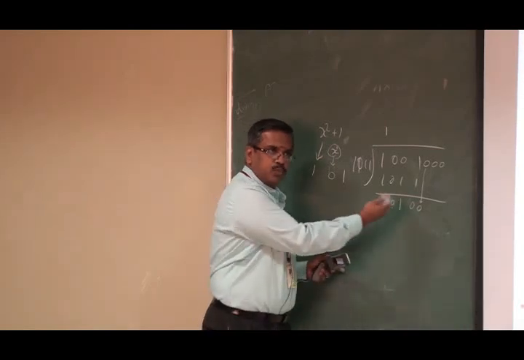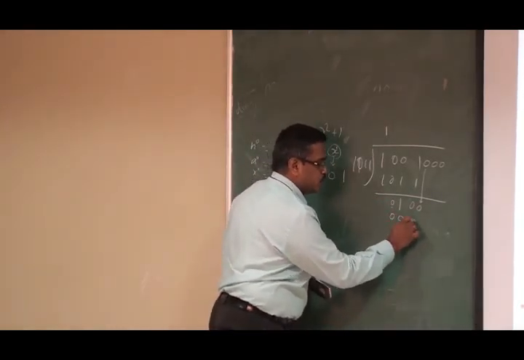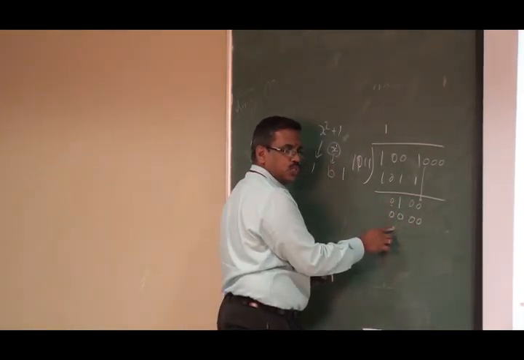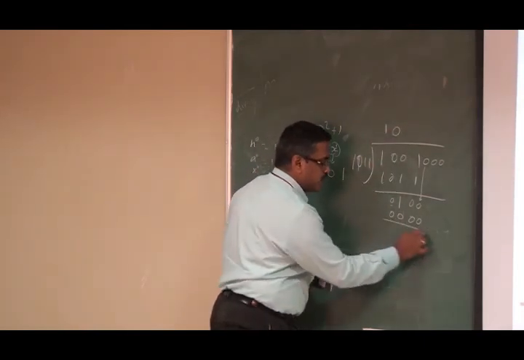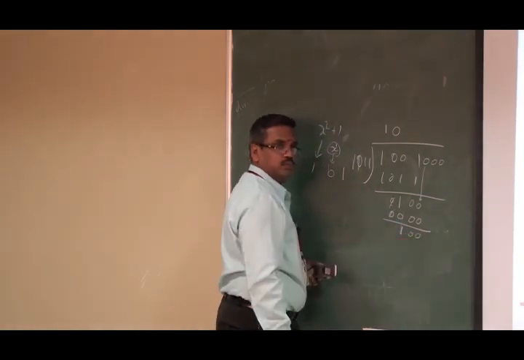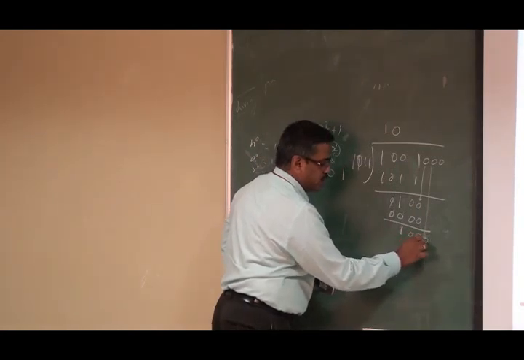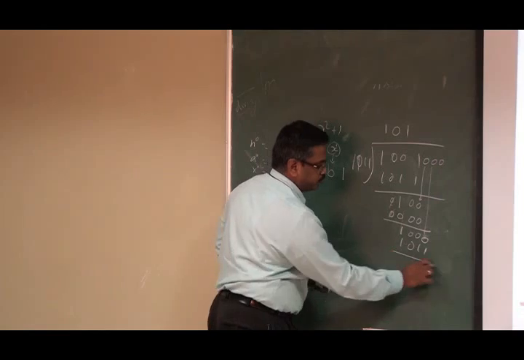When the leftmost bit is a 0, you should add 4 zeros to eliminate this 0. So when you are adding these 4 zeros, in the quotient you also add a 0. So now you get the value, you can skip this, you can get 1 0 0. Then you can bring down another 0 here, and make it 1 1 0 1 1.